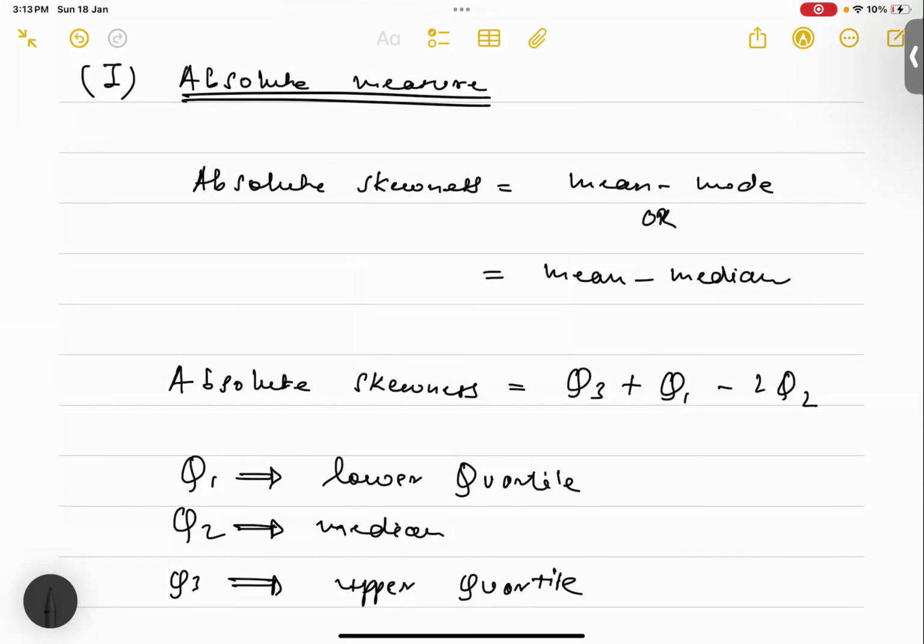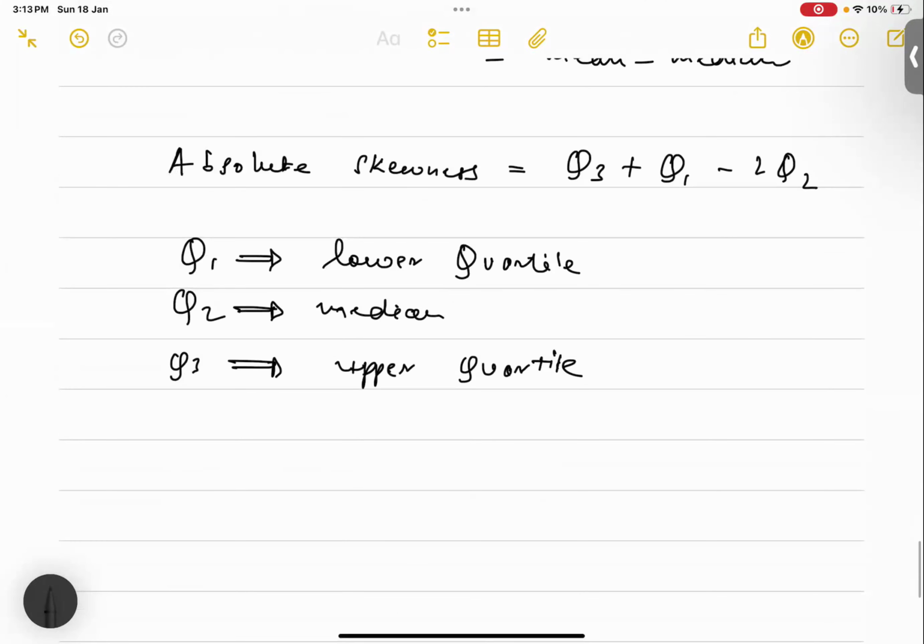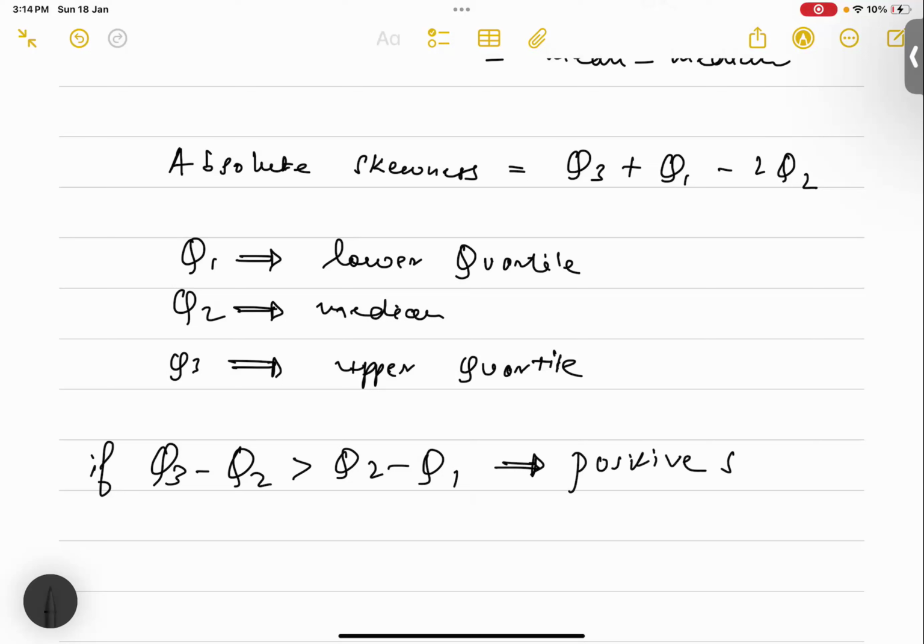You need to know this here. If Q3 minus Q2 is greater than Q2 minus Q1, this implies positive skewness.